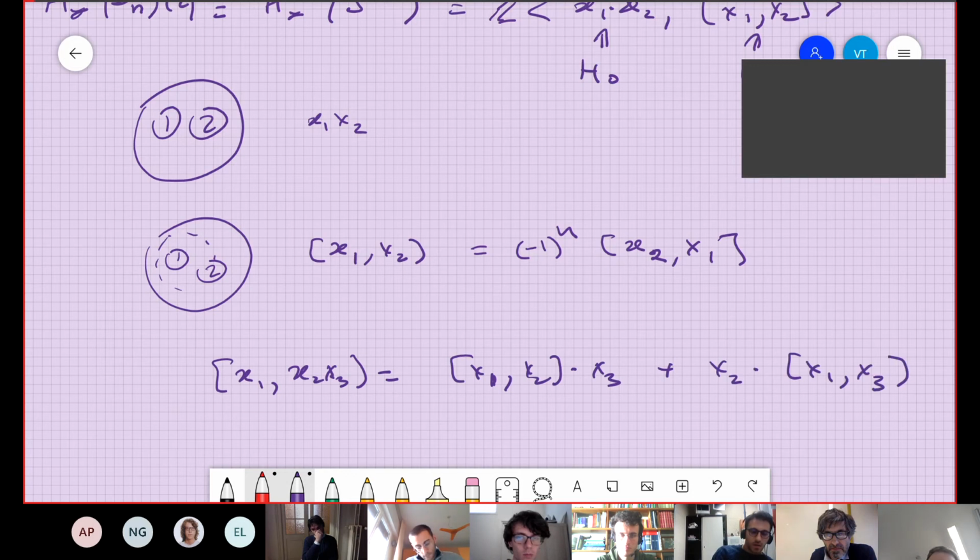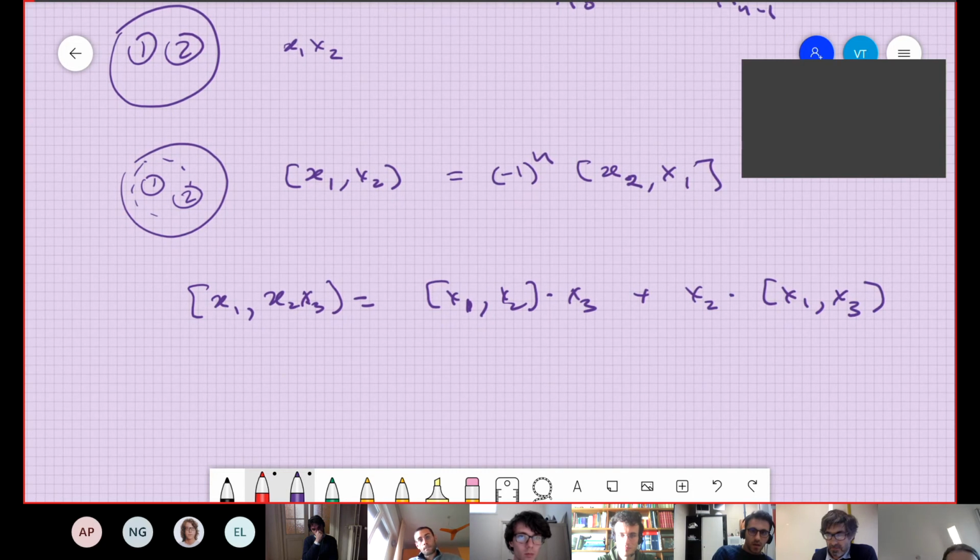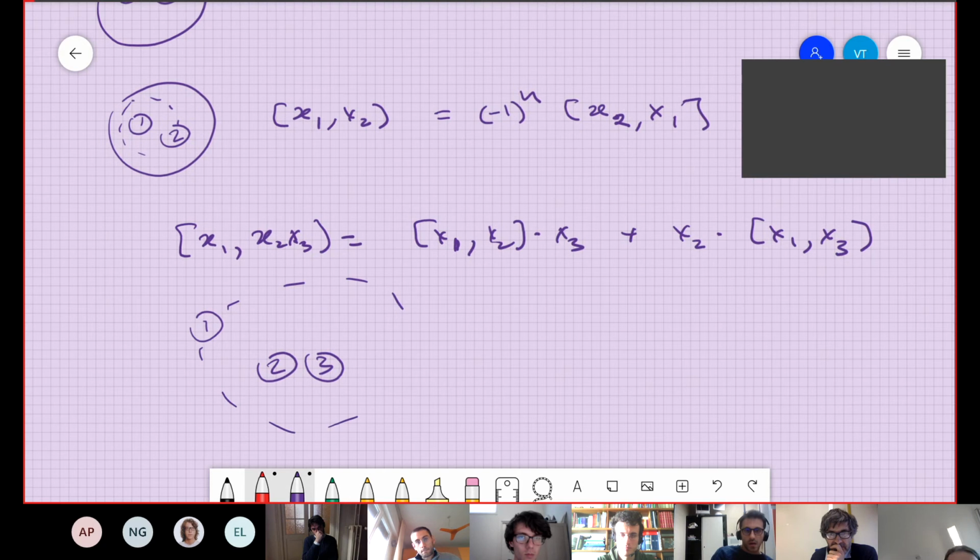So how can we see this compatibility property? This picture means that disk 1 goes around disk 2 and disk 3, right? But what you can do is split this picture in two.